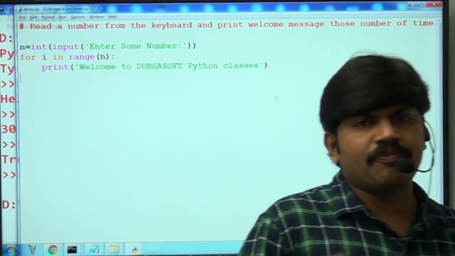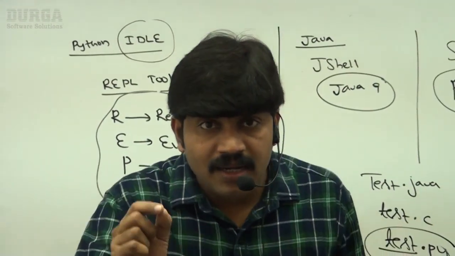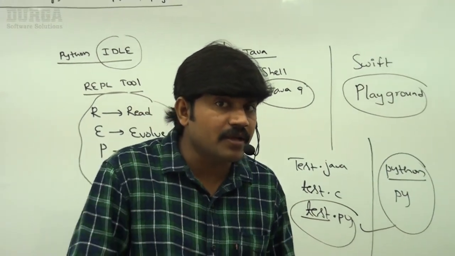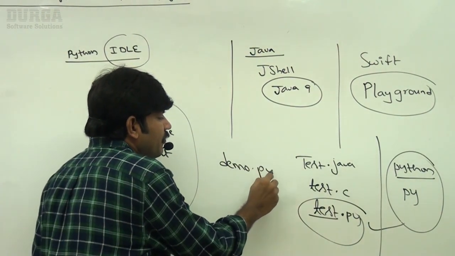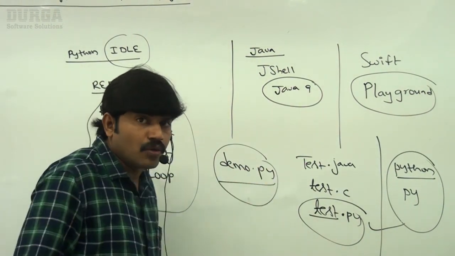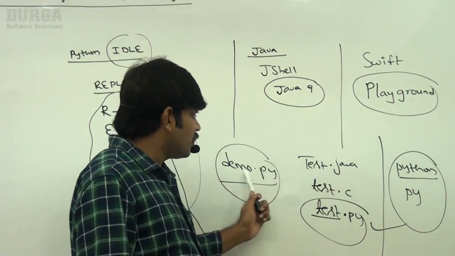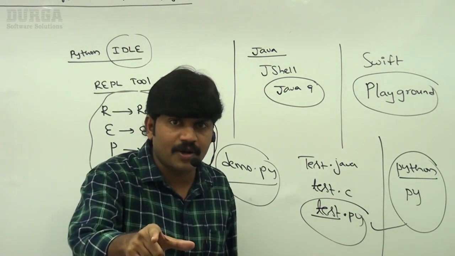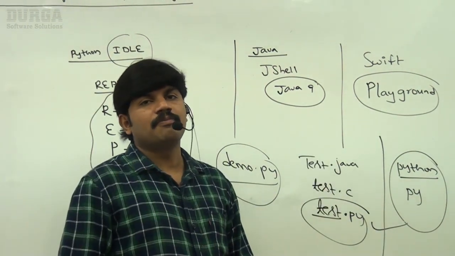Now I wrote one Python file by using IDLE, and I saved the code with the name demo.py inside d:\Durga class. From the command prompt, can I execute this file? What is the way, sir? It's very simple.